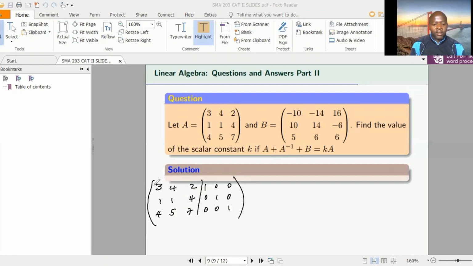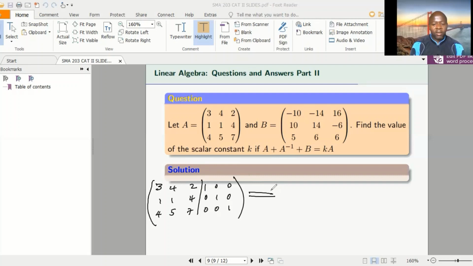When this matrix on the left finally becomes the identity matrix, whatever is here on the right will be the inverse of this matrix. That is how the Jordan method works.